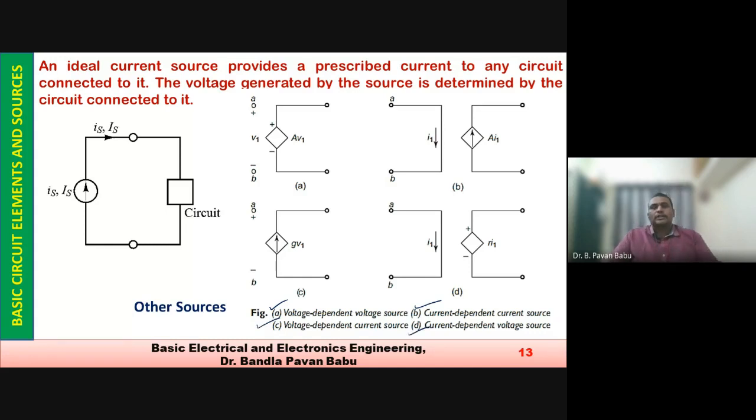For easy understanding, suppose I consider a voltage source as DC. If the magnitude of this voltage depends upon some other circuit's current value, then it is obviously called a current dependent voltage source. In the same way, for a voltage dependent current source, the current will depend on the external circuit's voltage. Okay, like this.